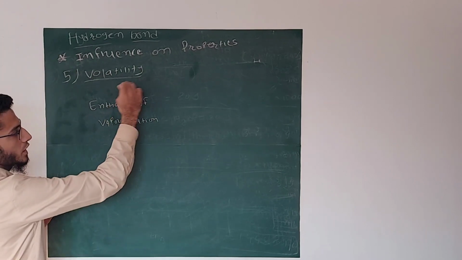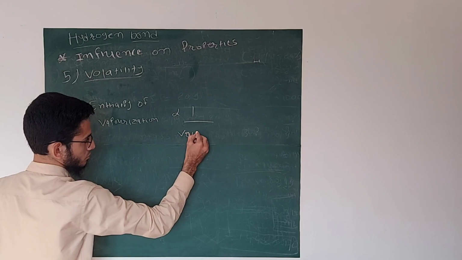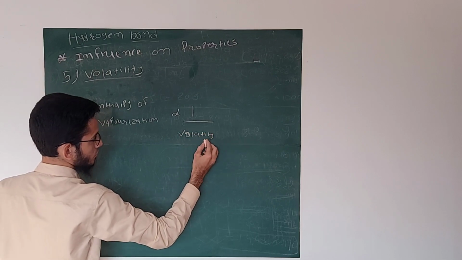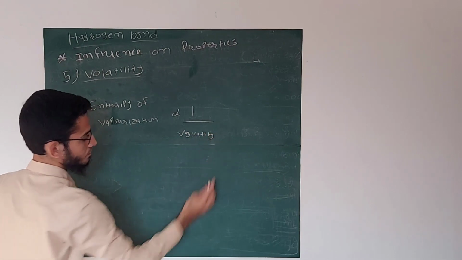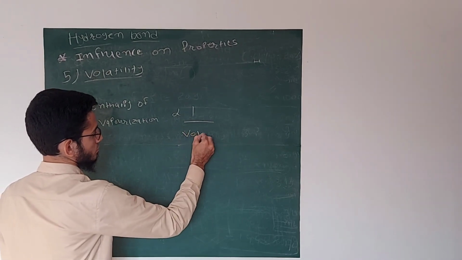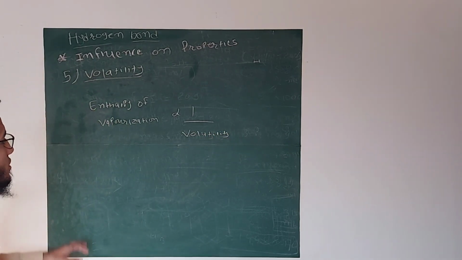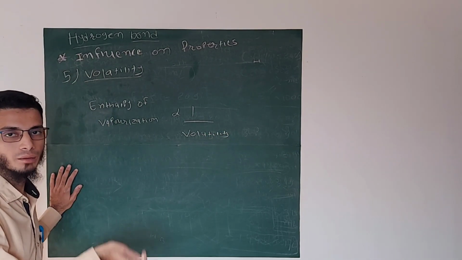If the enthalpy of vaporization is higher, the volatility will be lower. So in this case it is similar to the melting point and boiling point.